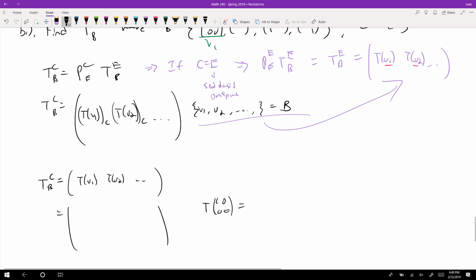It's the trace of that matrix, so it's 1. Okay, and so we put it in the column. That's it. All right, what's T of V2? So this is T(V1). What's T of V2? 0. What is T(V3)? 0. What's T(V4)? 1.